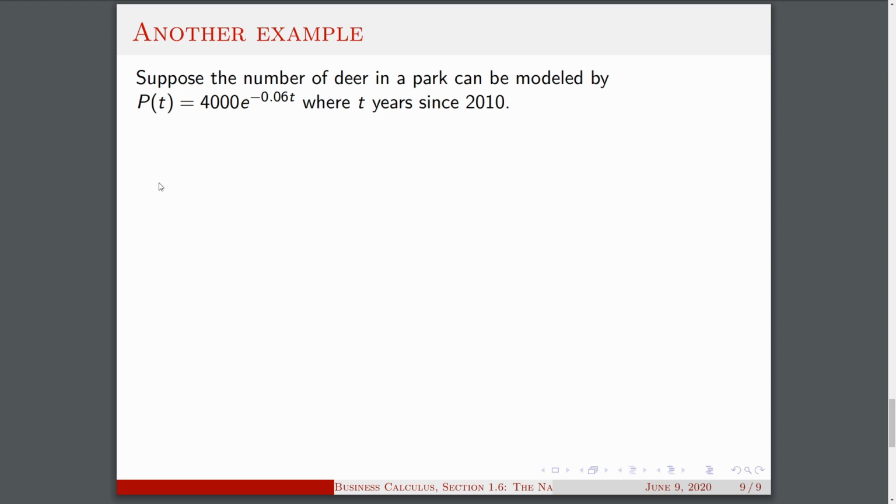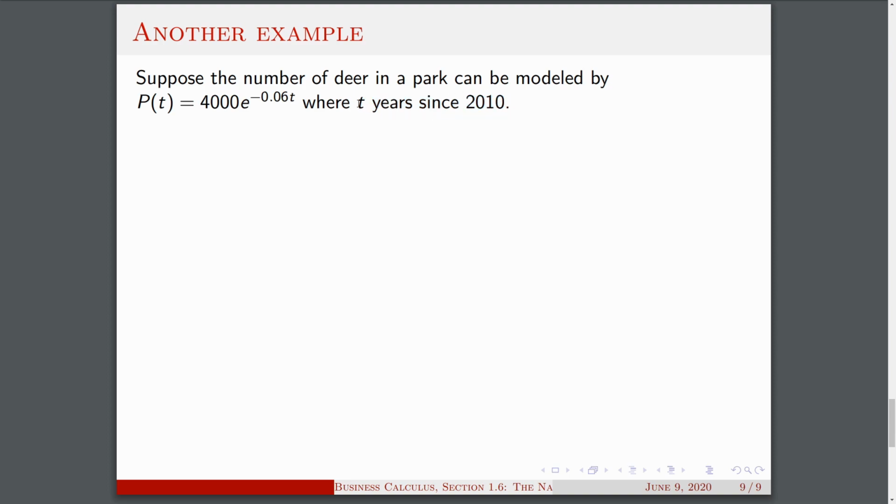And so p is measured in deer, it's the number of deer, and t is the years since 2010. Just as a little note here, this is a very common way to define time, and I think it's a little different than we've seen previously. Notice the subtle difference. It says years since 2010.